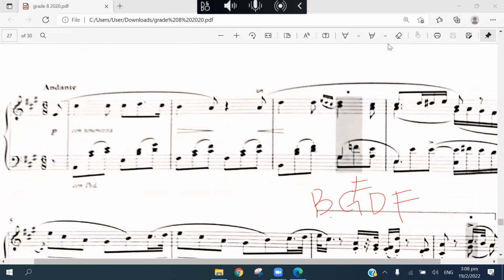I got G sharp, G, B, D, F. Okay, I already got the answer. What about you all? You think? If you think it's that, then what's the answer? I can see my answer.